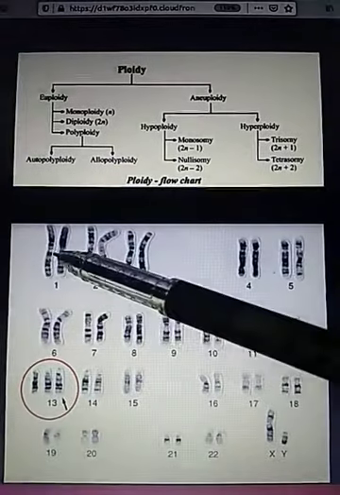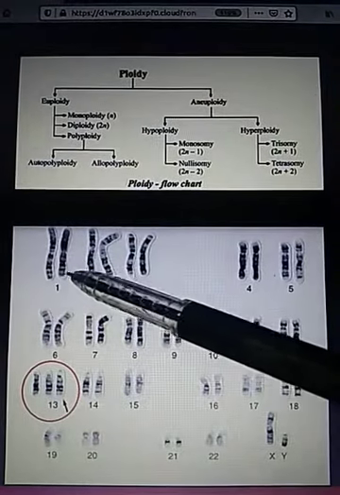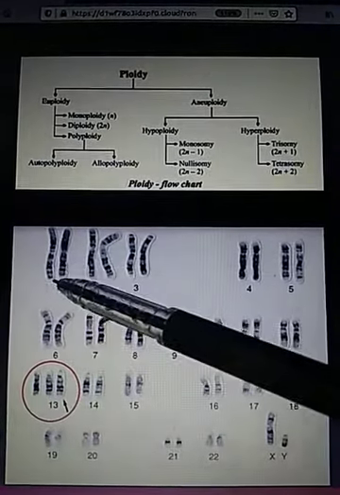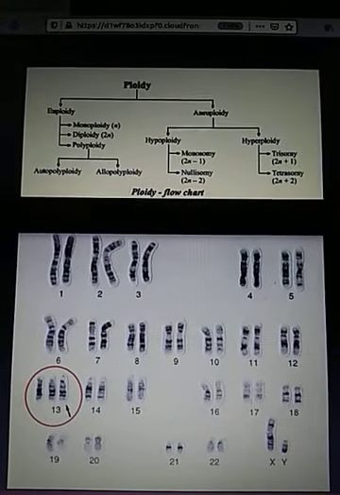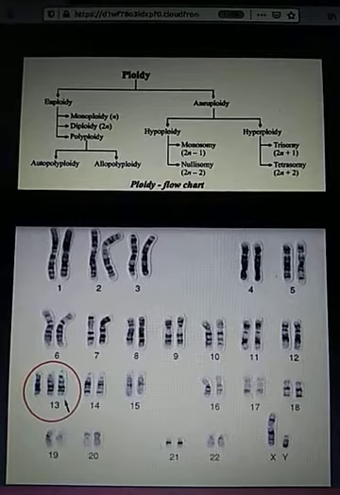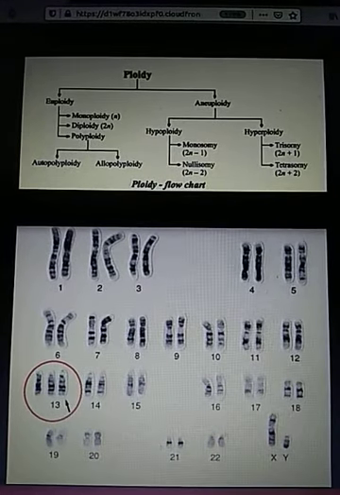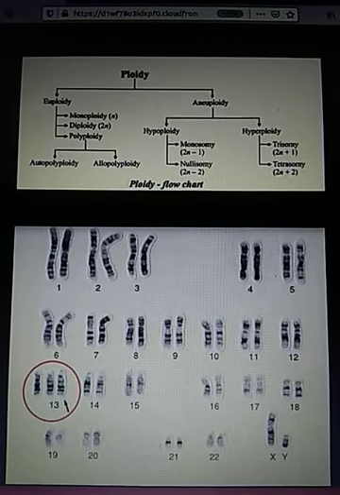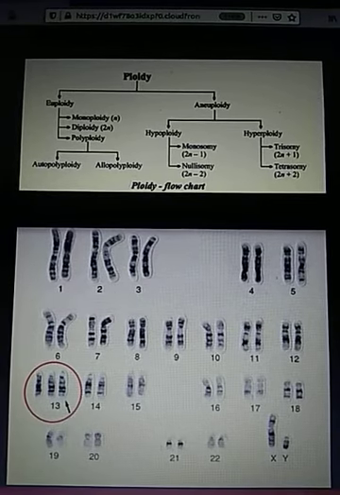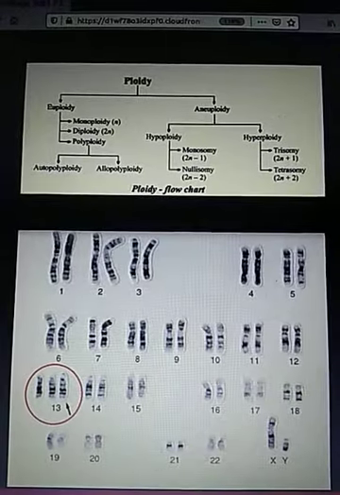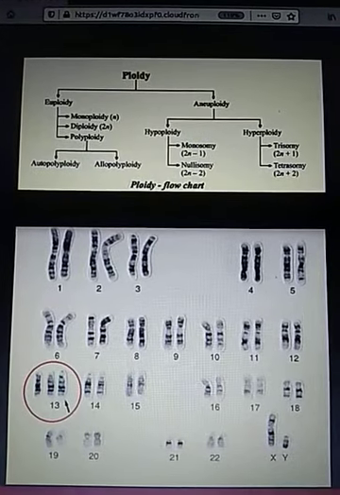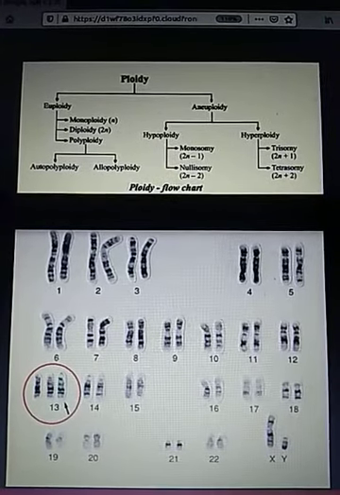Here there are 2 homologs of each chromosome, so this is known as the diploid condition. When 3 homologs are present, this is known as triploid. Then if 4 are present, it is known as tetraploid, and so on. A ploidy more than diploid is known as polyploid.